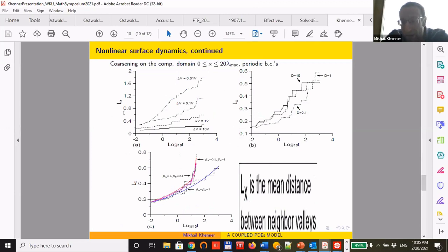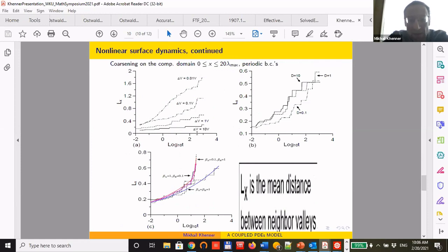On this slide, and I need to finish, I have only a few comments left. On this slide, we actually measured this mean distance between neighbor hills, Lx, as function of different parameters and as functions of time. I want you to check only this top left figure.